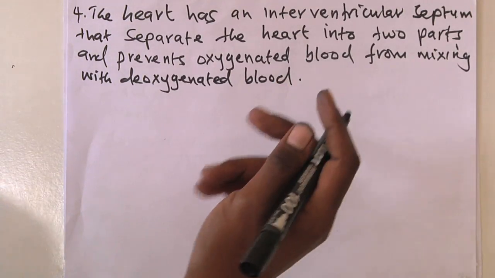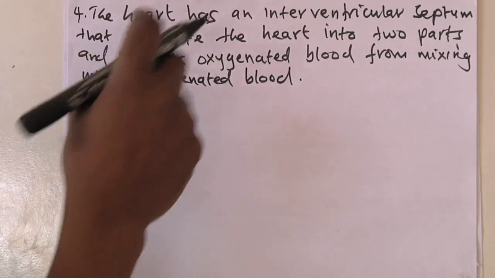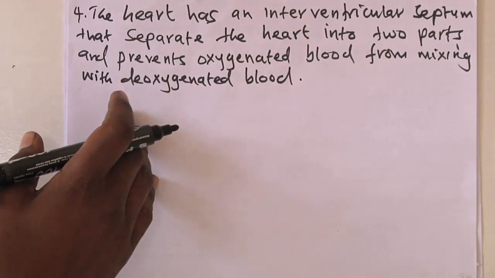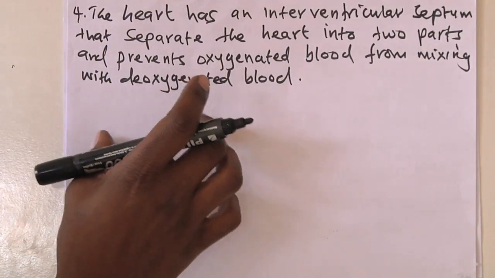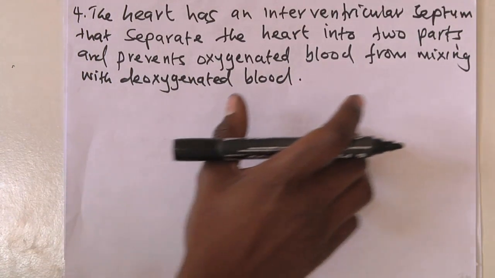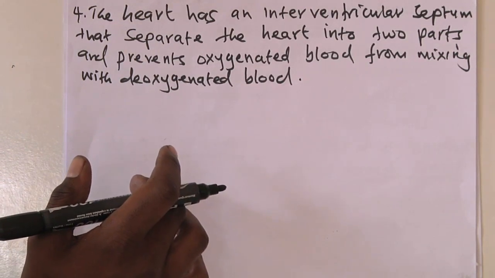That is one of the other functions of the interventricular septum. It is separating the heart into two so that deoxygenated blood does not mix with oxygenated blood, the left part being separated away from the right part of the heart.